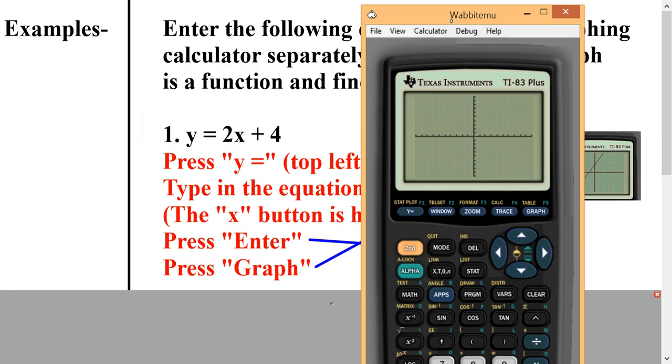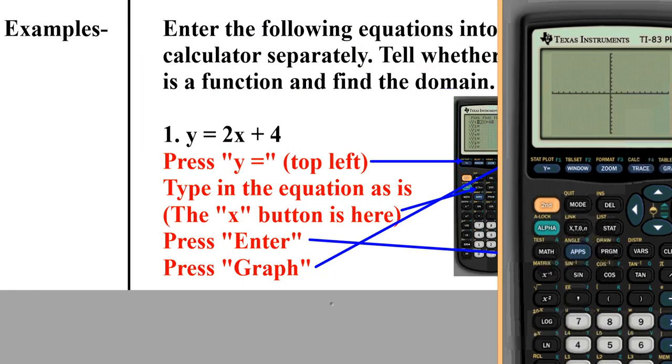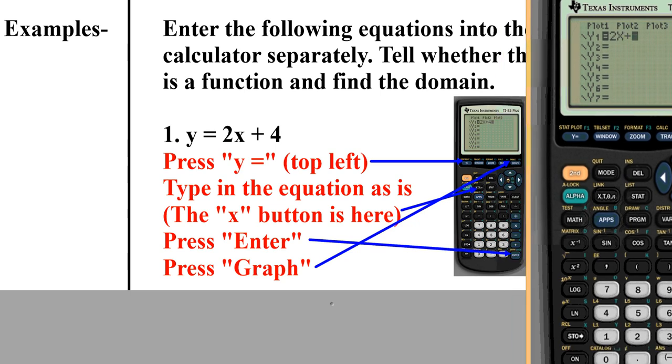So if I type in the equation y equals 2x plus 4, I'm going to go to the y equals screen and type in 2x plus 4. And then I'm going to hit enter, and then I'm going to hit graph up here at the top.